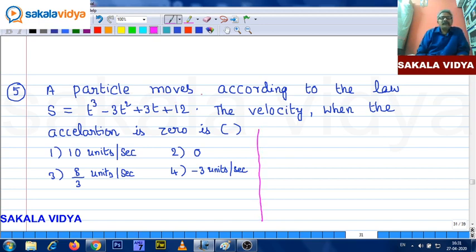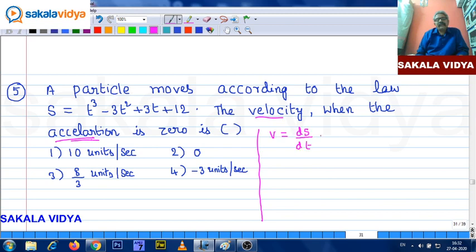A particle moves according to the law S is equal to t cube minus 3t square plus 3t plus 12. The velocity when the acceleration is 0. This is a very important point. First we need to equate acceleration to 0 so that we get the t value, then find ds by dt, that is, the velocity. Velocity is given by ds by dt.